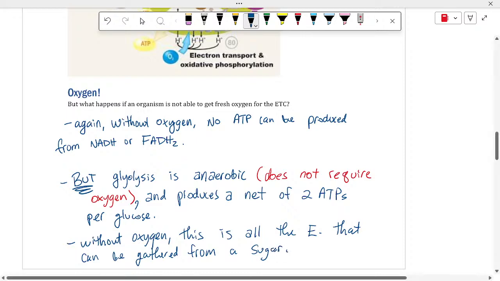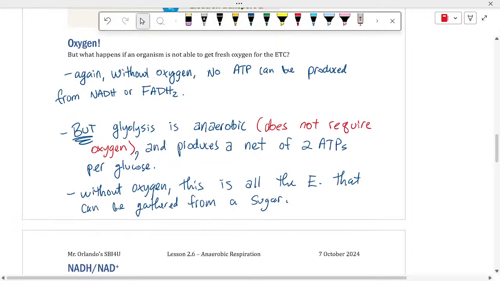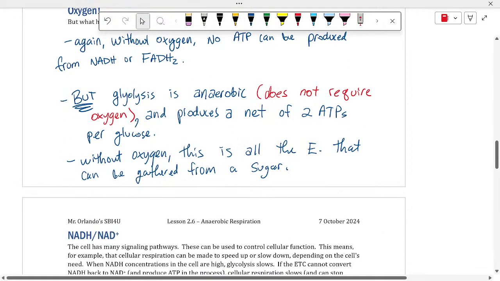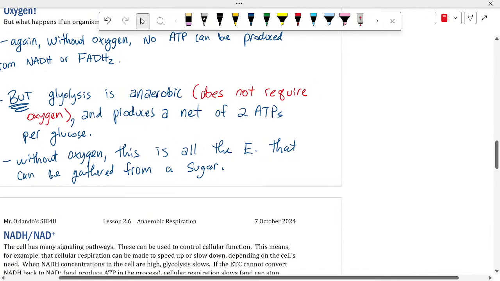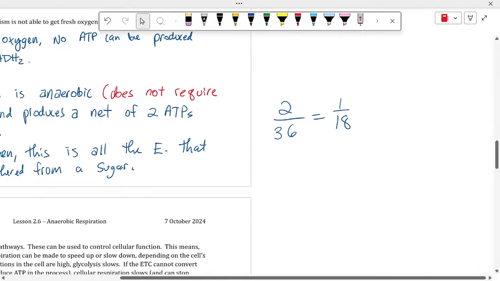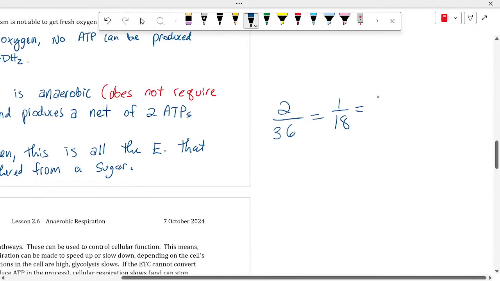How efficient is that compared to the normal? What's the efficiency of that? Mathletes? Well, 2 out of a normal, what would the normal amount be? Yeah, we'll call it 36 in net. That can be reduced to 1/18th, right? What would our math be there?